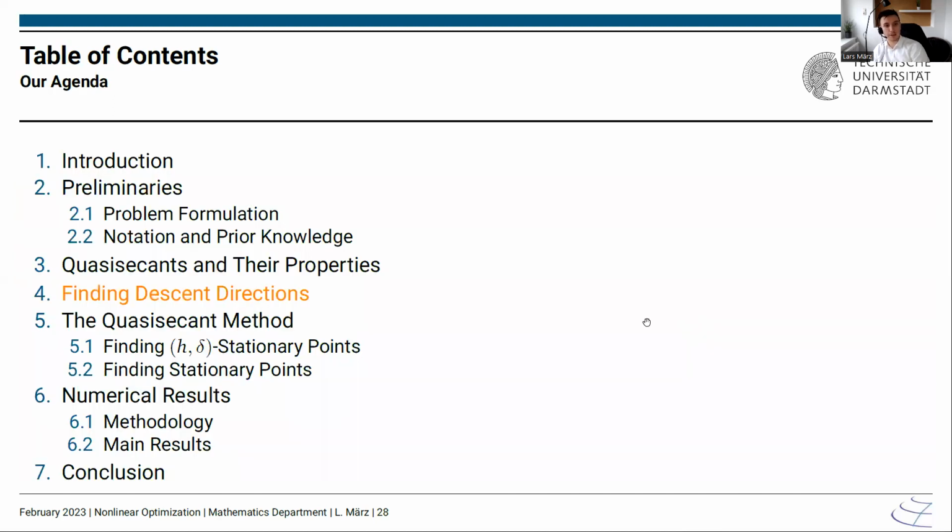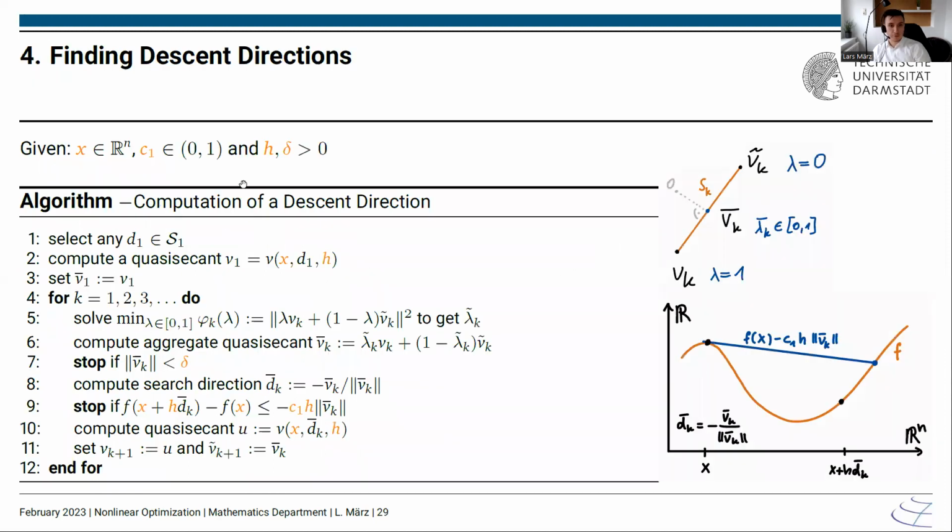So how do we find descent directions for our quasi-secant method to then employ a line search procedure? Consider the following algorithm. We are given a point x and a parameter c1 between 0 and 1, a length h, and delta as parameters.